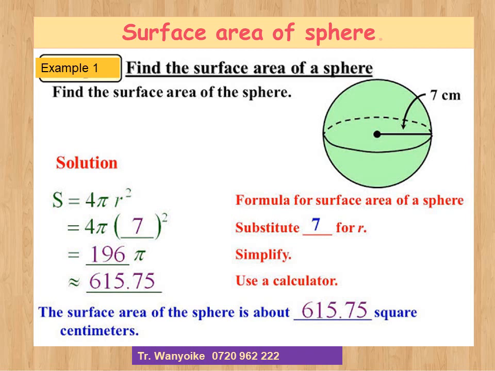So we say it is 4 pi times 7 squared, which will be 196 pi, or 615.75. So the surface area of this sphere is 615.75 centimeters squared.